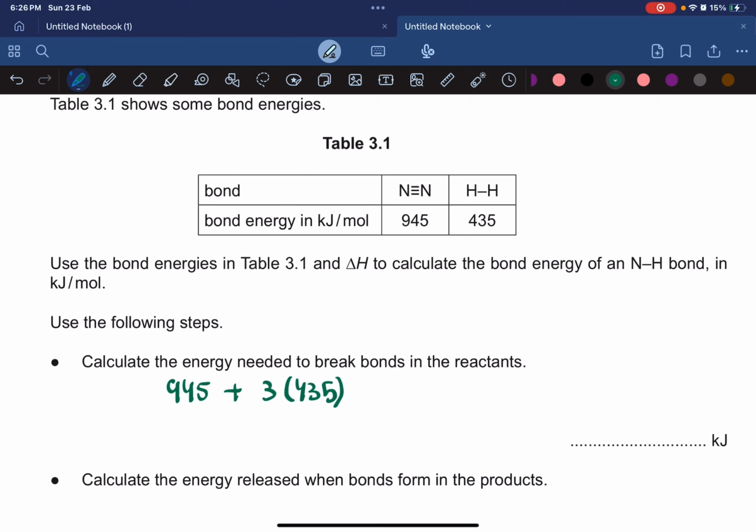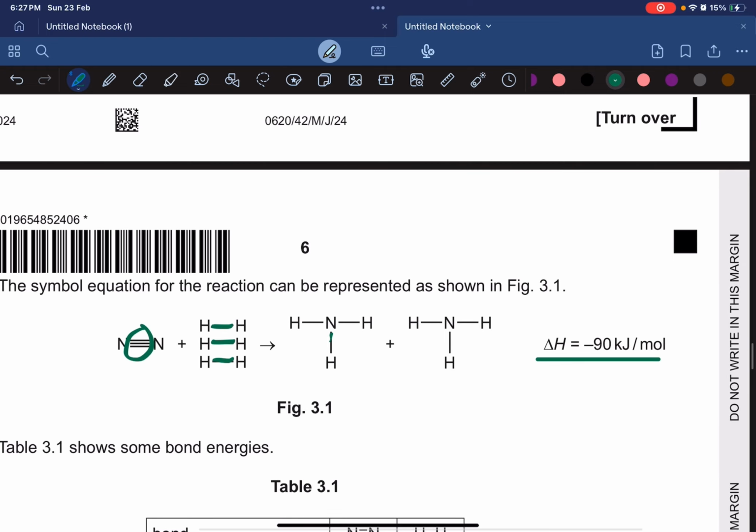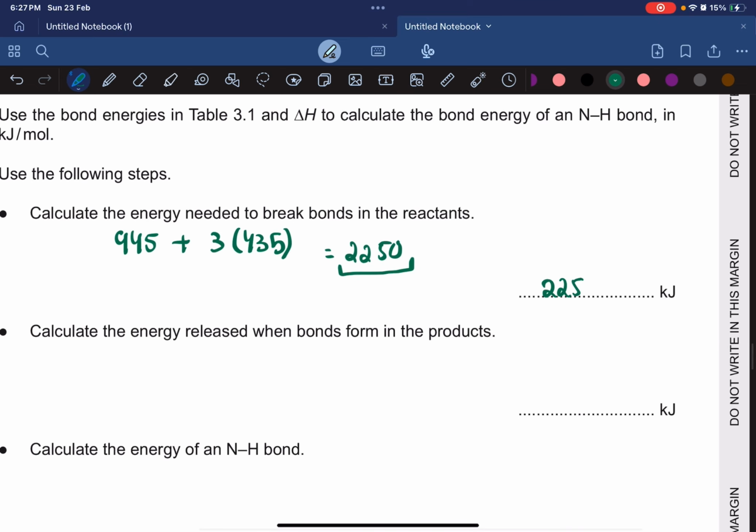Put it on your calculator as it is: 945 plus 3 times 435, and that's going to give you 2250 kilojoules. Now this is the amount of energy we needed to break all these bonds. Okay, 3 of these bonds and the nitrogen bond. So the total energy we needed was 2250.